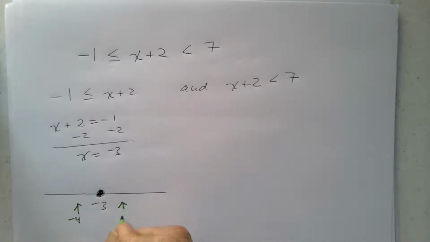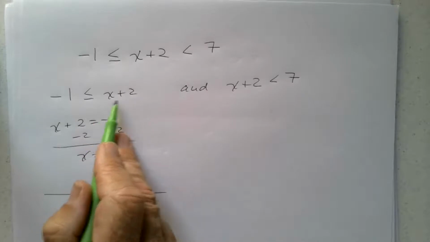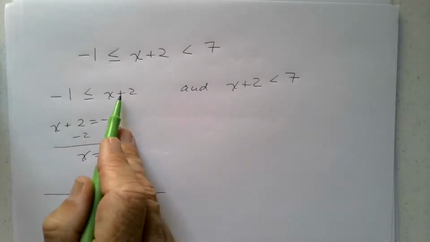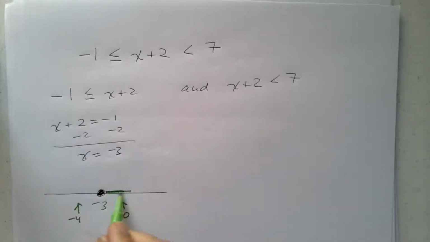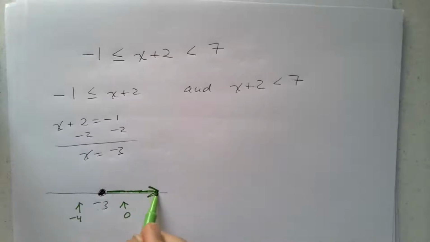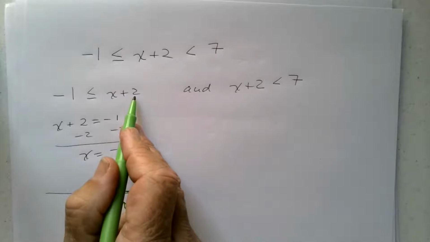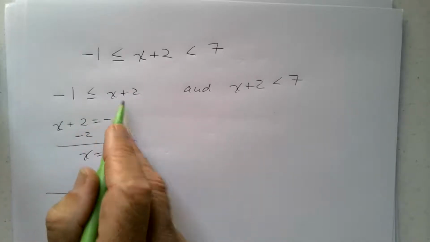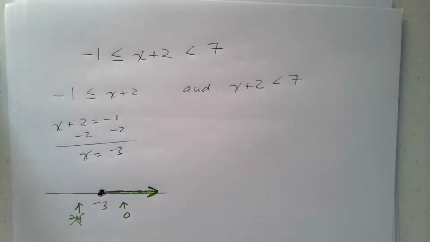To the right of negative 3 might be 0. If I plug 0 in, 0 plus 2 is 2. Is negative 1 less equal 2? It is. So that's going to be shaded that way, to the right of negative 3. If I plug negative 4 in, negative 4 plus 2 is negative 2. Negative 1 less equal negative 2. No, it is not. So that's that piece.